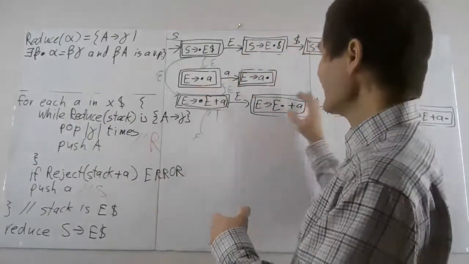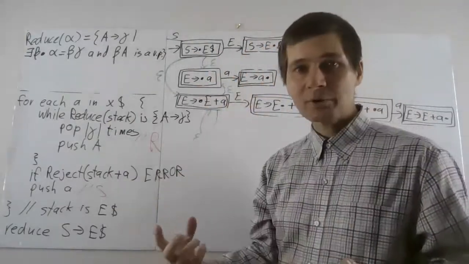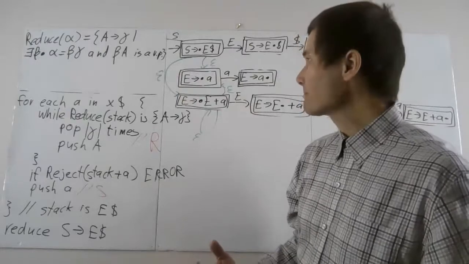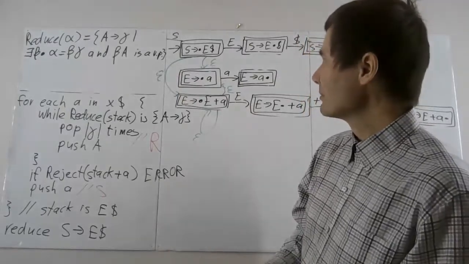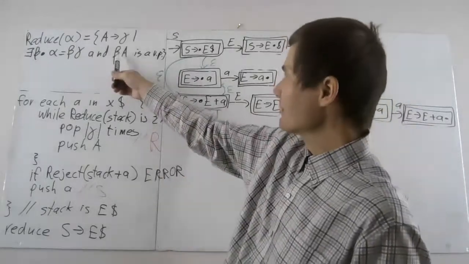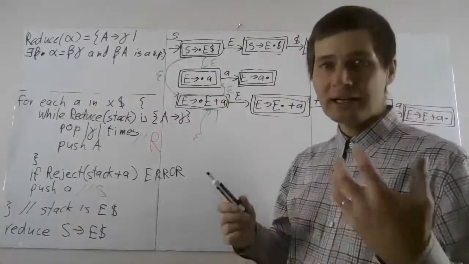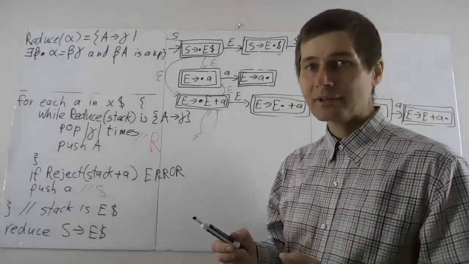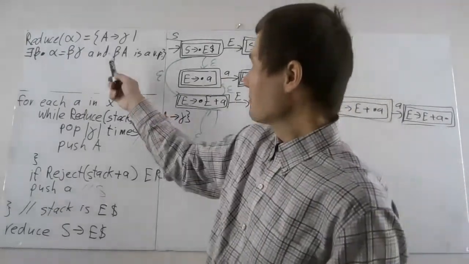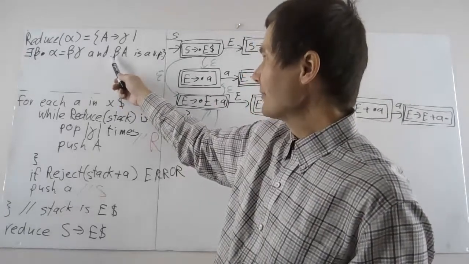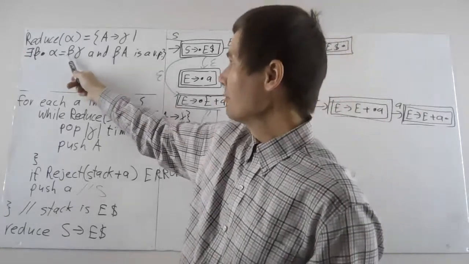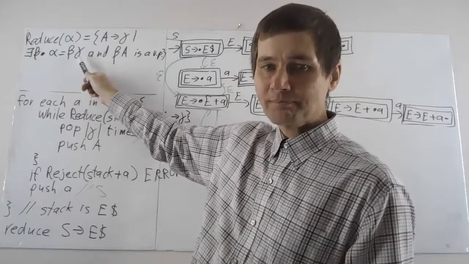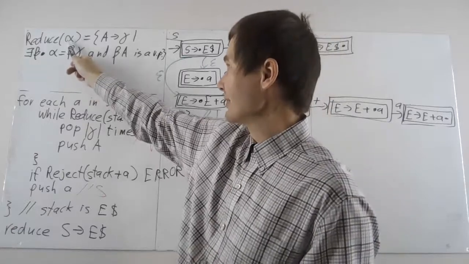So the NFA accepts viable prefixes, but what does that tell me about beta A? So where is beta A in the NFA? Okay, so I'm running the NFA not on beta A, but I'm running it on beta gamma, right? I'm running it on the stack.